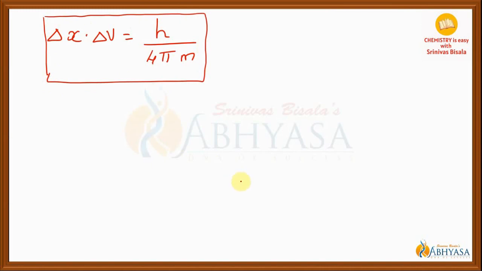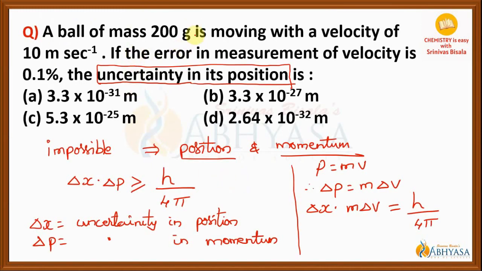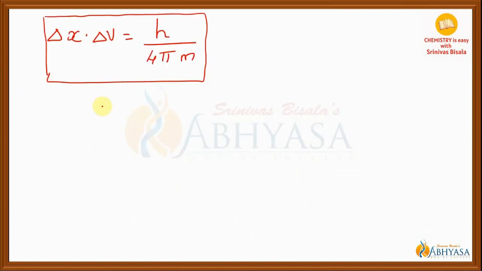Let's read the numerical again. The mass is given as 200 grams, moving with a velocity of 10 meter per second, and the error in measurement of the velocity is 0.1%. Let's write the given data here.